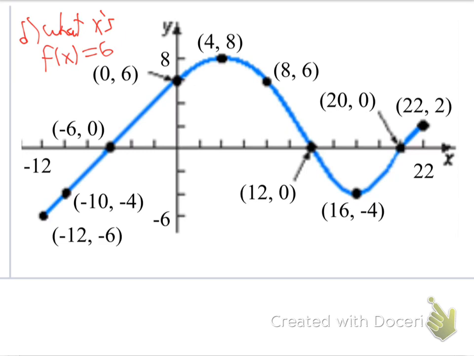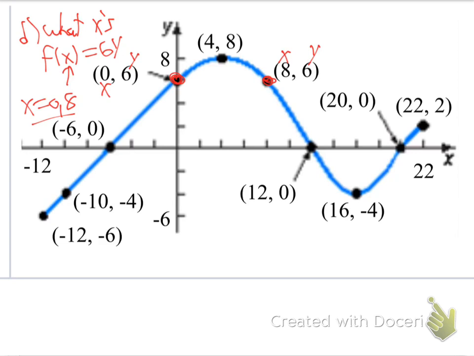Because again, what's in here is x, what comes out is y. So they're basically saying, hey, look at the points there. Where do you see y values of 6? 0, 6. Here. 6. Yeah, those two. Those two have y values. So what are the x values that go with those? 0 and 8.